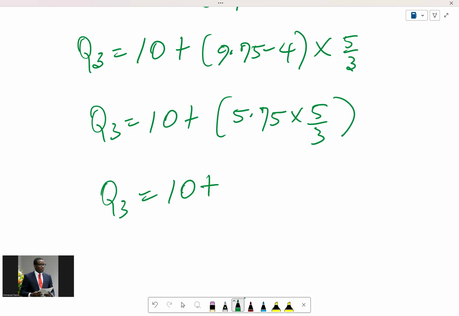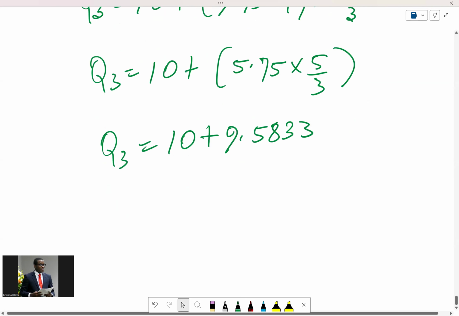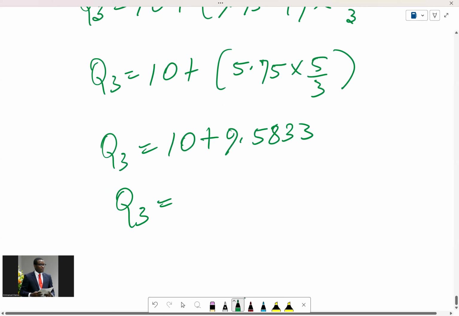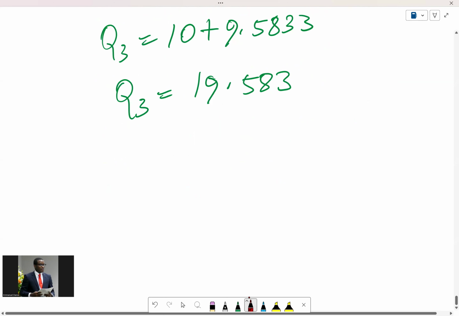What is it? 9.5833. So the third quartile is simply 19.583, if you like.